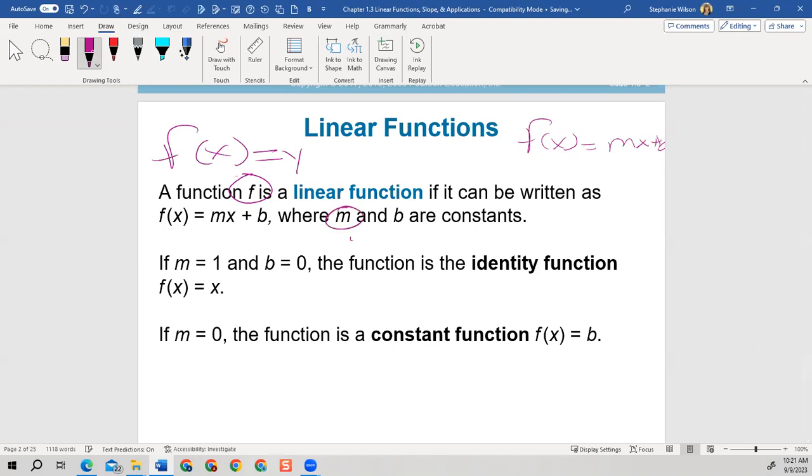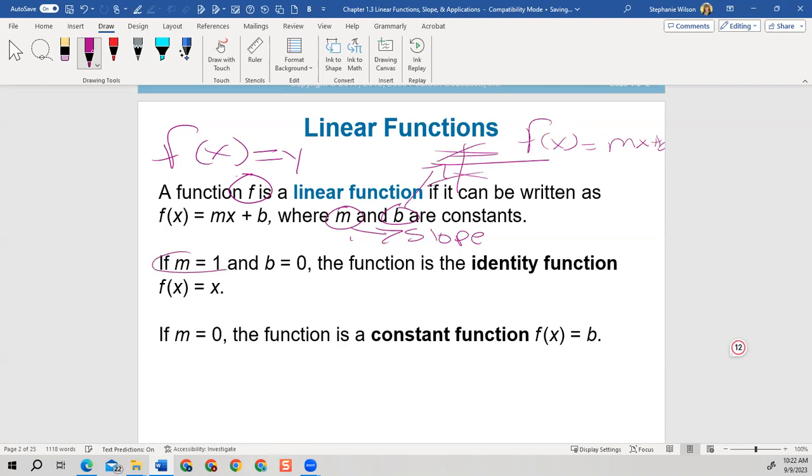We know that m is my slope of this function, which tells me if we're rising left to right, or falling left to right, if it's horizontal or if it's vertical, and we'll go into detail on that. b is going to be where it crosses the y-axis. It's going to be my y-intercept.